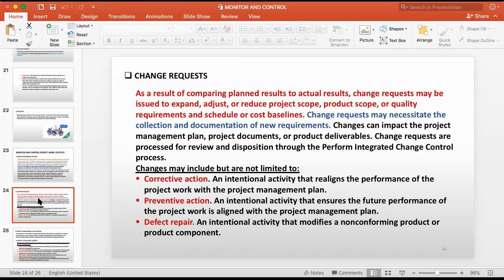So if the product is non-conforming, you have to do some repair work. Defect is non-conforming, it is not up to the standard. So you are trying to repair that one. If there are defects, that is, it's not up to your quality standard. So it is non-conforming. To conform, you have to make it correct. So you do some defect repairs.